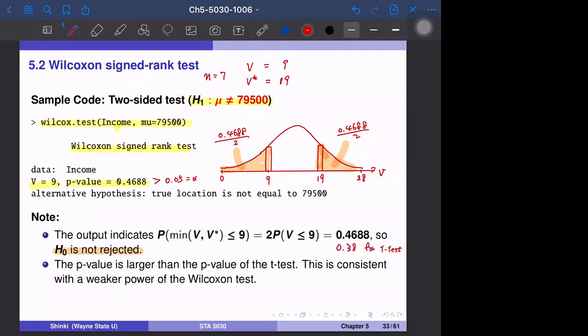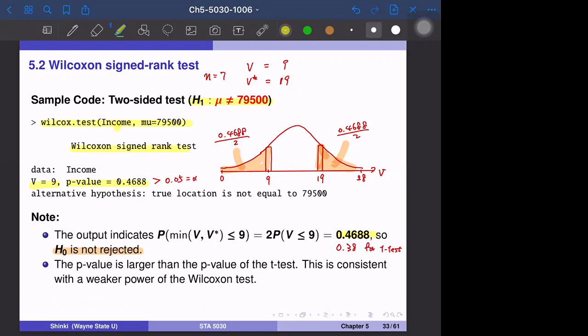So the p-value is slightly larger, and it's consistent with the fact that the Wilcoxon signed rank test has lower power. I mean, it's more difficult to get a smaller p-value for the Wilcoxon signed rank test.